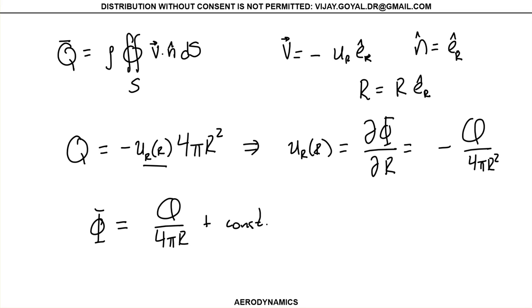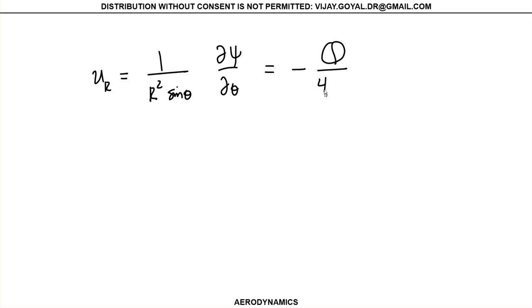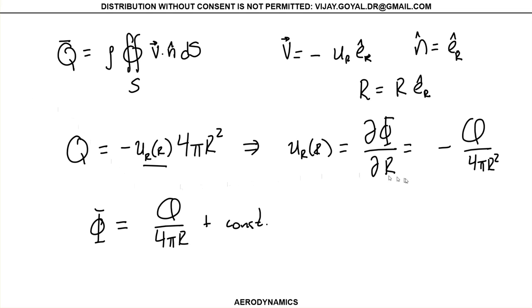Okay? So now we keep moving on, and we can see that your UR in general is equal to 1 over R squared sine of theta, partial of psi with respect to theta. That would be minus. So we found that this was equal to this. Okay? UR is equal to this. That comes from solving this equation.